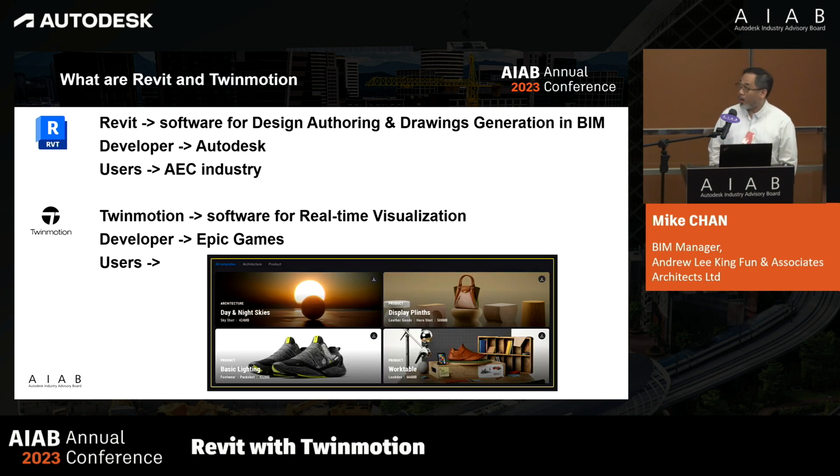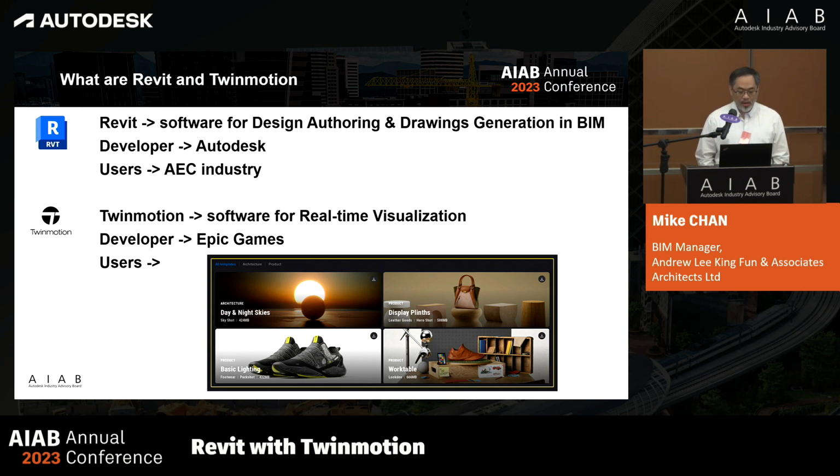So first of all, what's Revit and what's Twinmotion? I'm pretty sure you guys are already quite familiar with Revit, which is software for design authoring and geometry generation in BIM. The developer is Autodesk, that's why we're here.